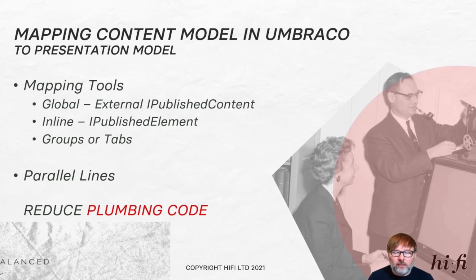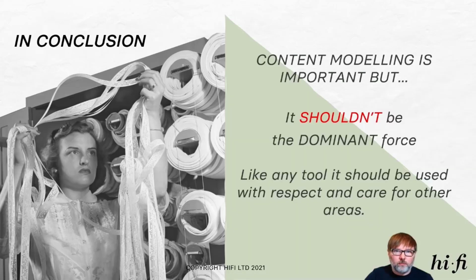And by understanding this in a really easy to manage way, we reduce the plumbing code that goes into taking the things from the content management system and then putting them onto the page. And that's really important to us to speed up our production and to make things sustainable long term, which is what we're interested in.